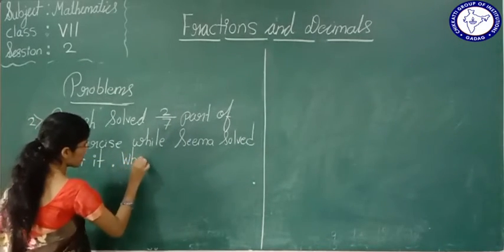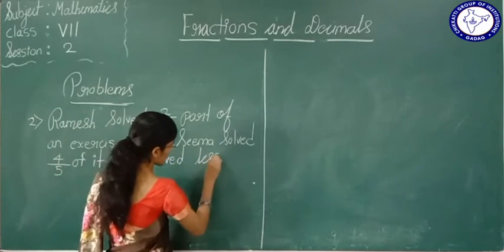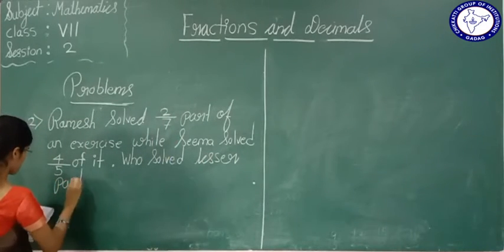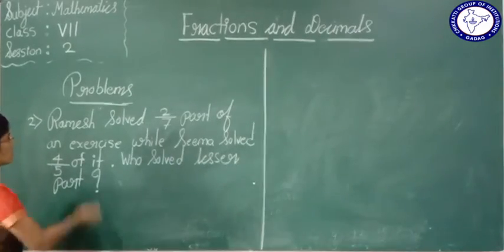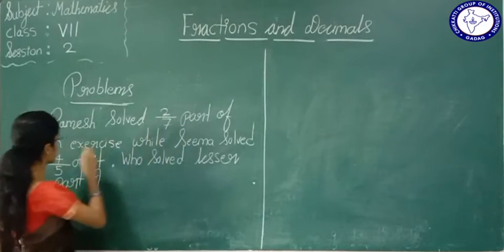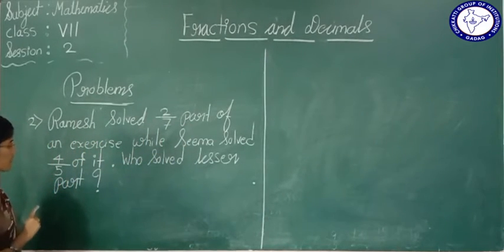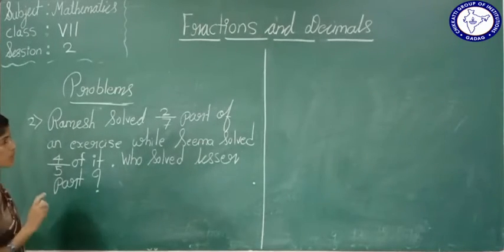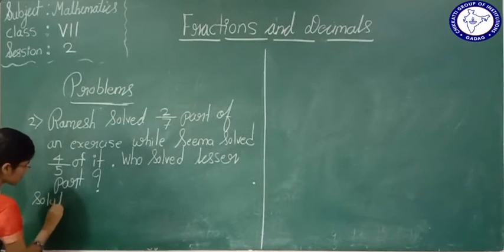Who solved the lesser part? Now see students, second question. Ramesh solved 2 by 7 part of an exercise while Seema solved 4 by 5 of it. Who solved the lesser part? We have to compare here. See a solution.